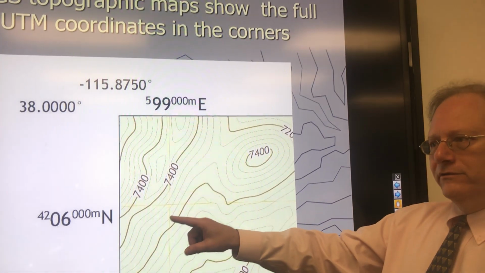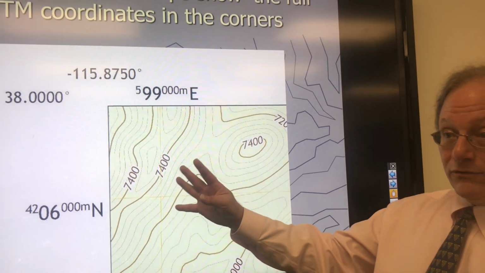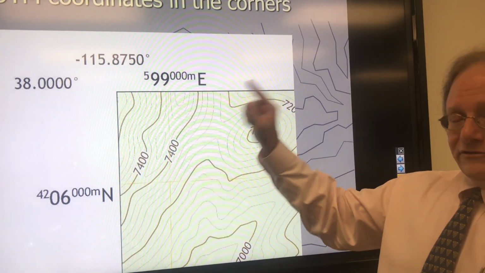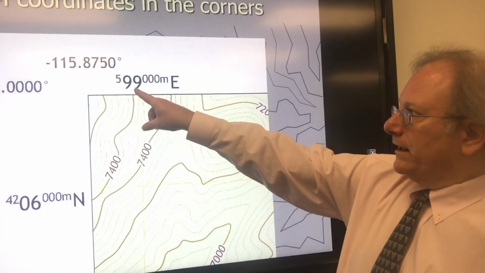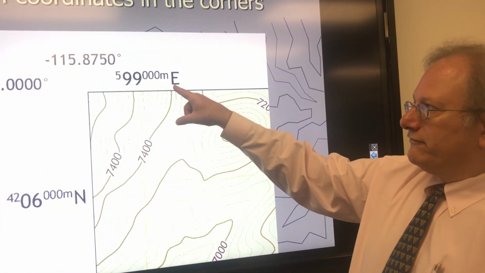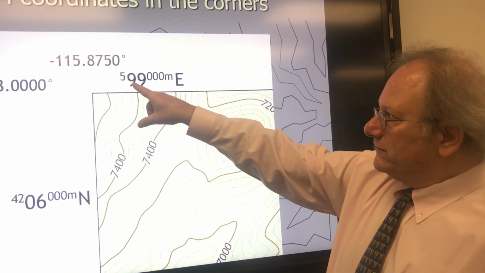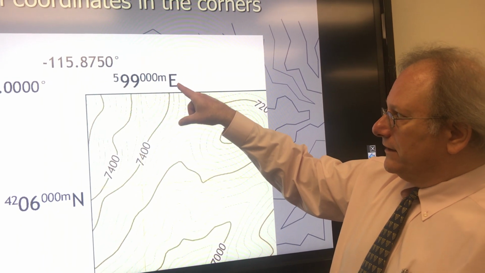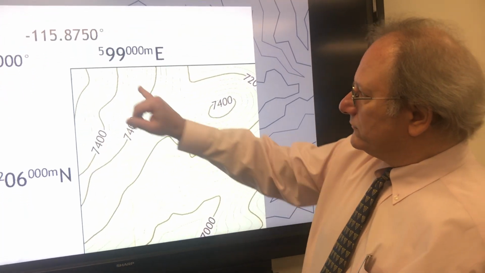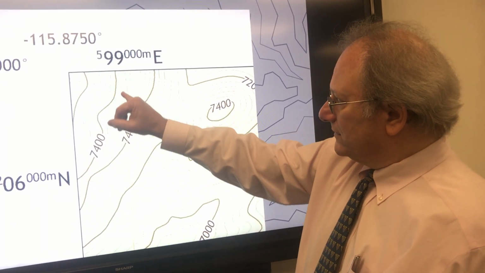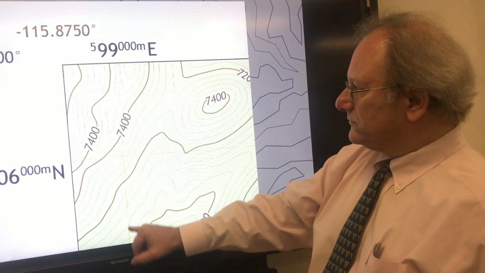in the upper left corner, usually in 2 corners, sometimes in 4 corners of the map, they show the complete UTM coordinate, right? But they show it in a bit of a funny way. This one is the Easting, and I would assume that it's the Easting for this vertical line, which is hard to see.